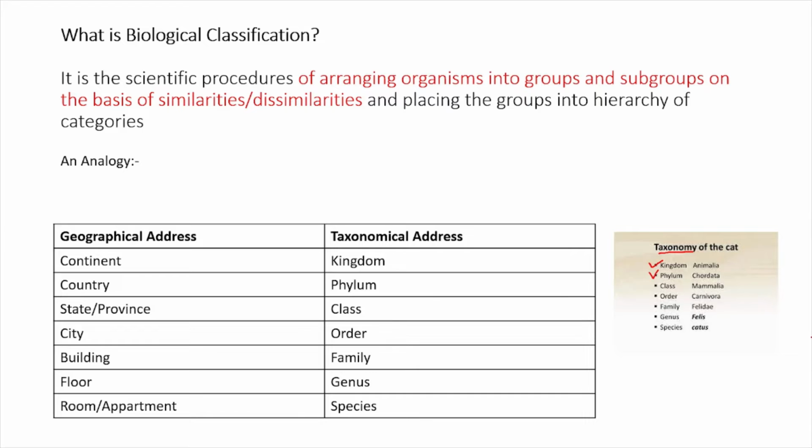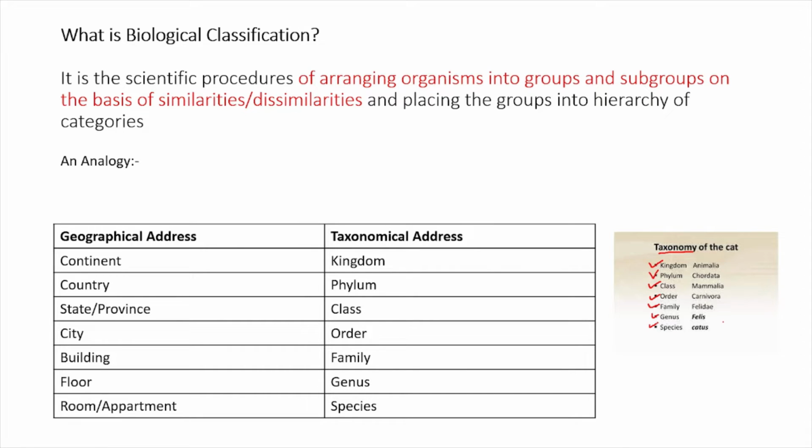Chordata has several chordates within it. So how will I refer to the cat? I will say the class is Mammalia. Then I will refer to the order, then the family, then the genus, and then the species: Felis catus. When I say the species, it becomes very clear that I am referring to a cat and not any other mammal.